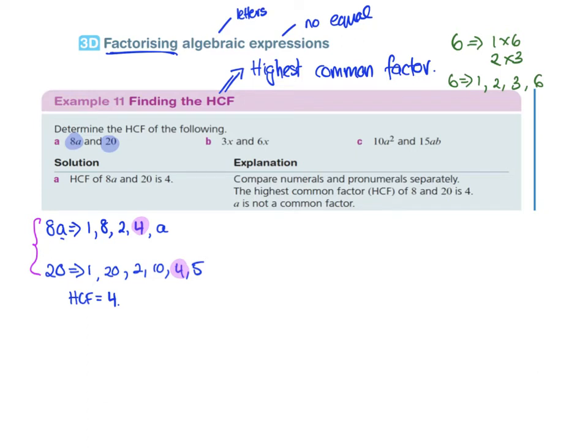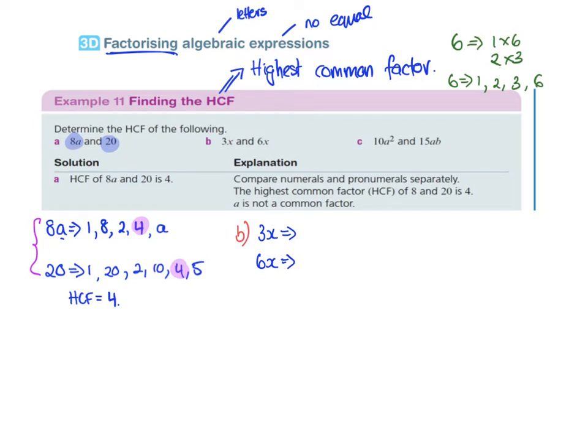So when we go to factorize, we need to find the highest common factor. At the moment, we're just practicing getting the highest common factor out. Let's have a look at this B one. We've got 3x and 6x. What are factors of 3?